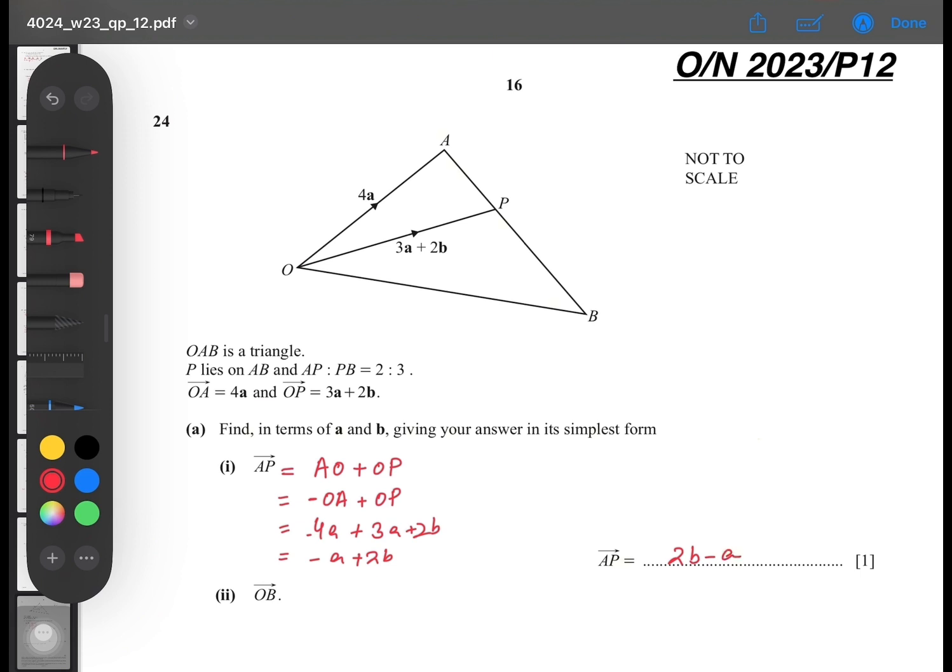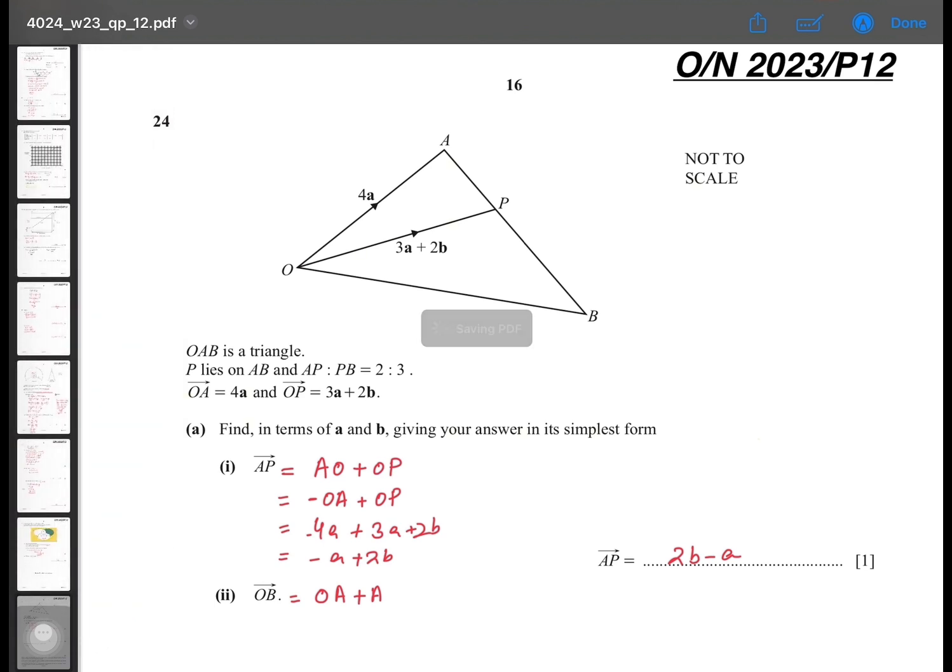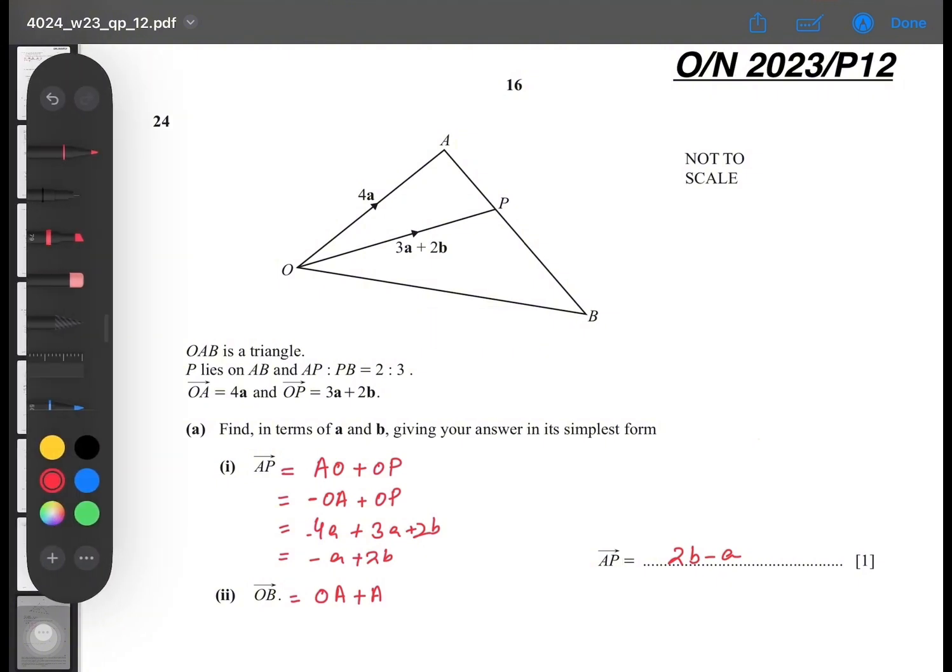Part 2. Find OB. For OB, we will follow the path OA plus AB. So if we see the relation, that is AP ratio PB, this is 2 ratio 3.